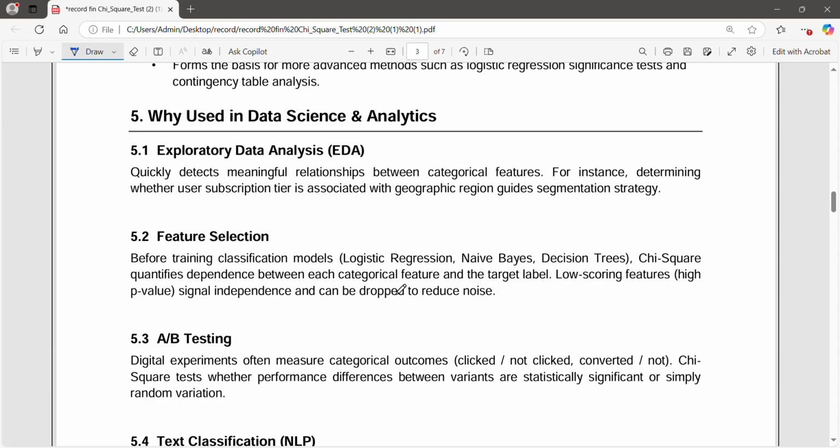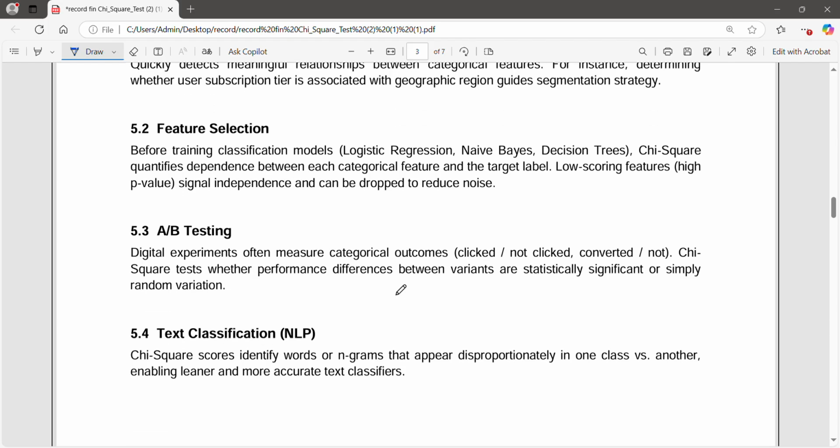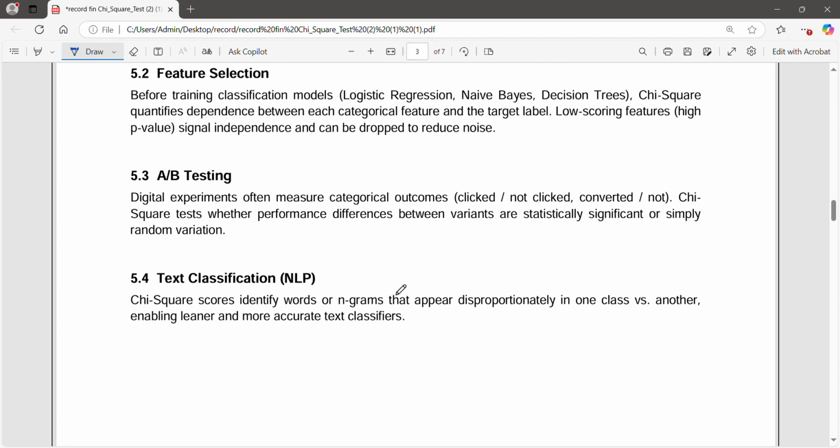Because it is mainly used in the exploratory data analysis process. For instance, it is used to determine whether user subscription tier is associated with geographic region, to guide segmentation strategy. Moreover, as discussed, it is used in feature selection for machine learning and deep learning algorithms, and also in A/B testing.